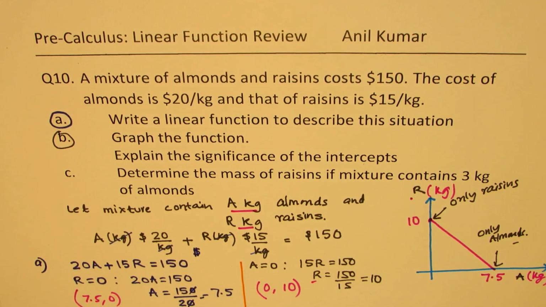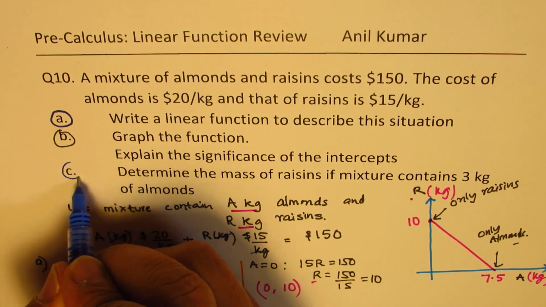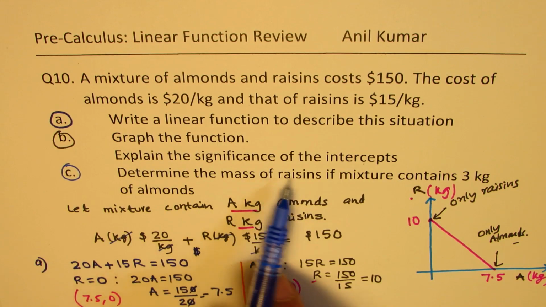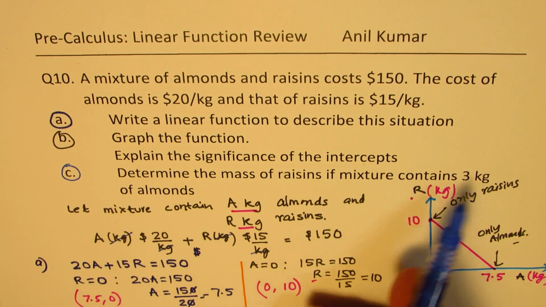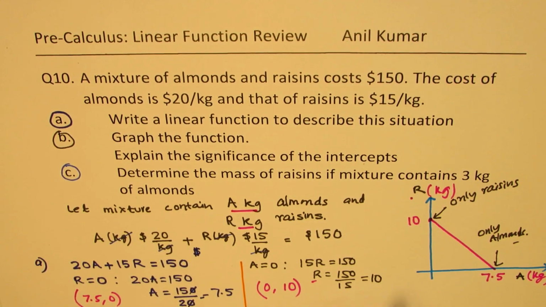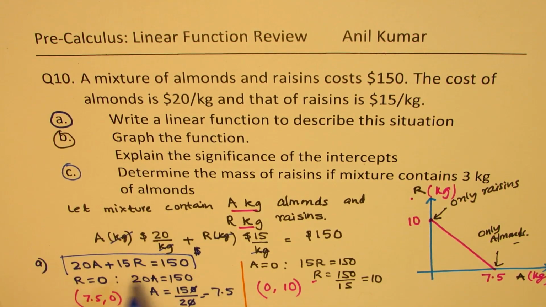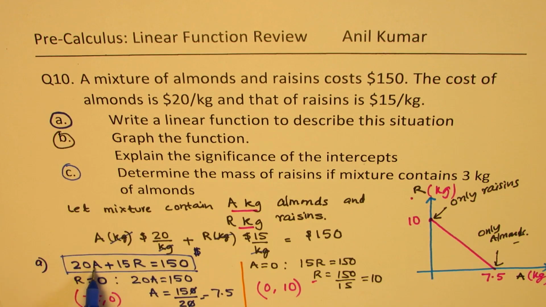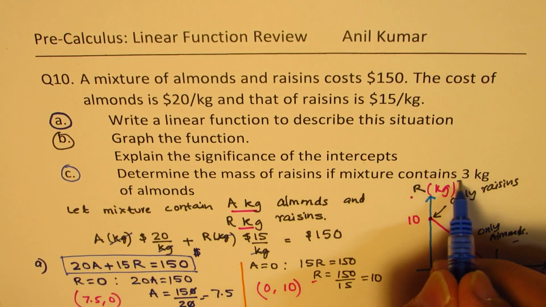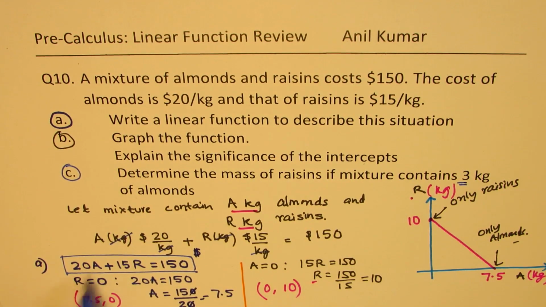Now let's do C, which is determine the mass of raisins if the mixture contains 3 kg of almonds. So now we are going to use this equation, and in this equation we know almonds are 3 kg. So let me substitute 3 here.